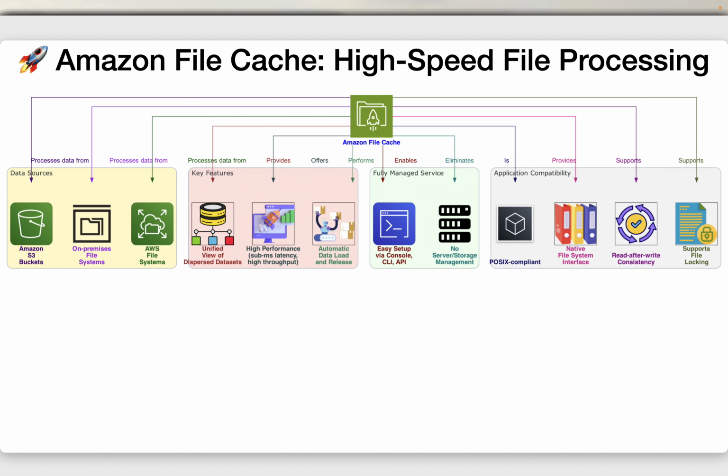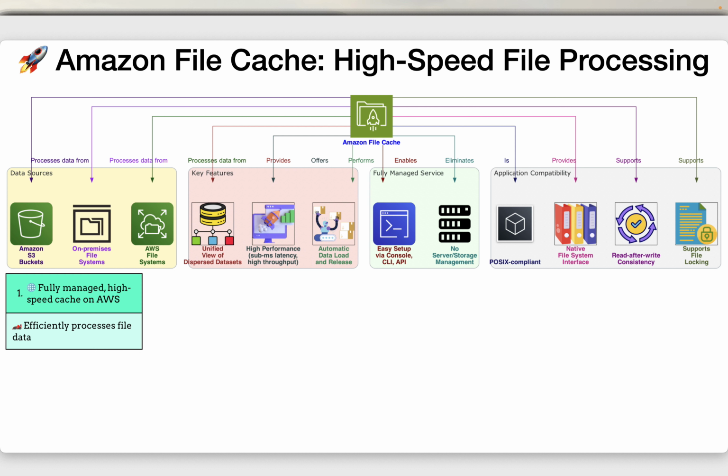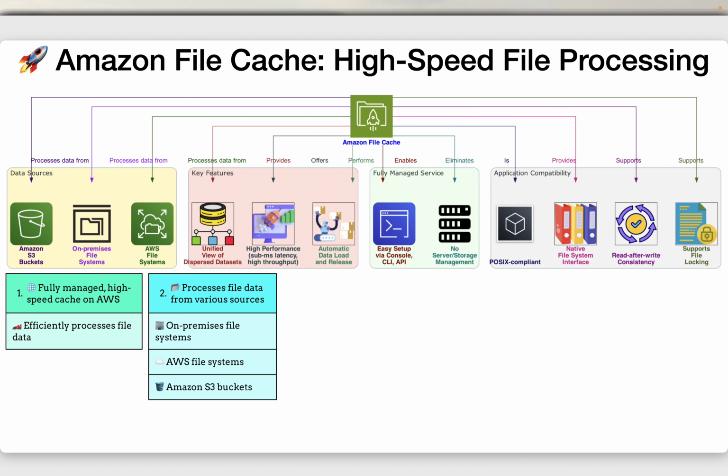So first let's see Amazon File Cache, which is high-speed file processing. Amazon File Cache is a fully managed high-speed cache service provided by AWS, designed to process file data efficiently. It can process file data stored in on-premises file systems, AWS file systems, Amazon S3 buckets, regardless of the data's location.